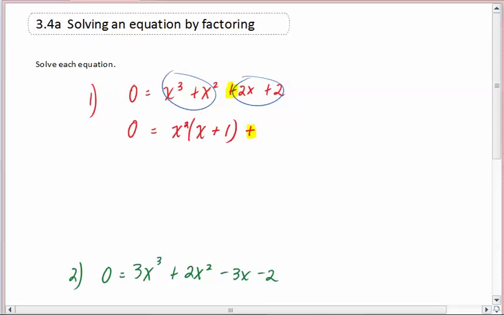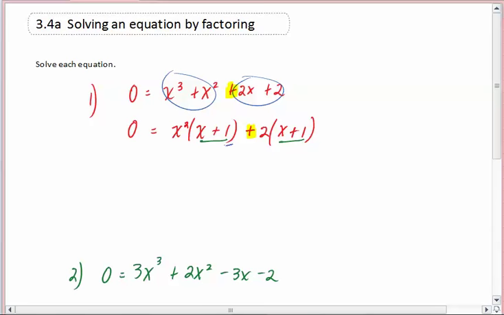Now I'm going to factor out, looks like a 2 is the only thing that factors out of that one, and when I factor it out I get the very same thing in the parentheses that I got on the first one. Because these are the same factors, I'm actually going to take that common factor.